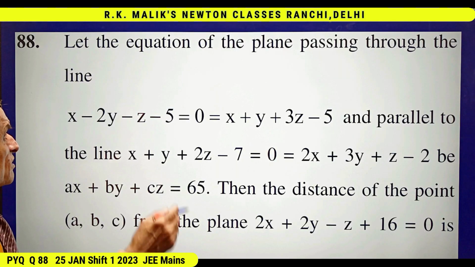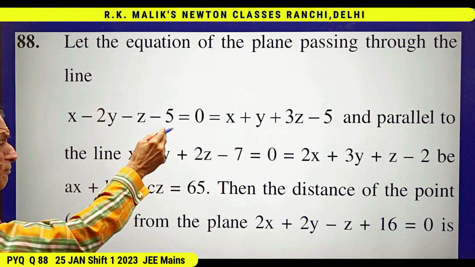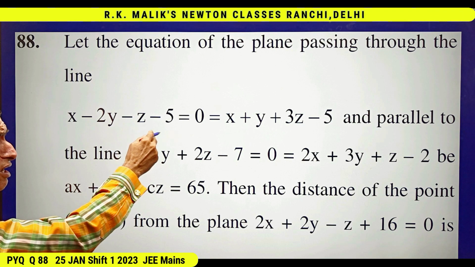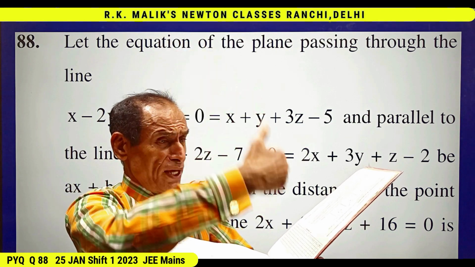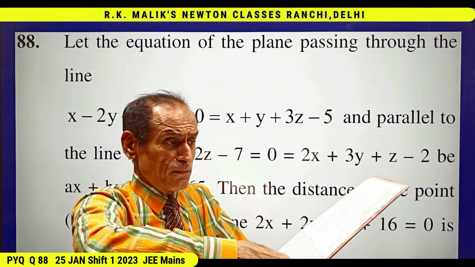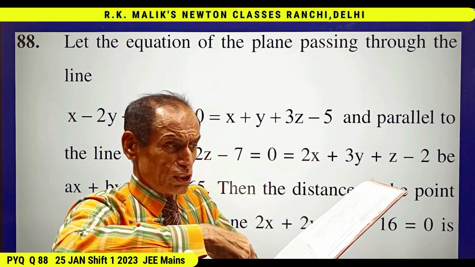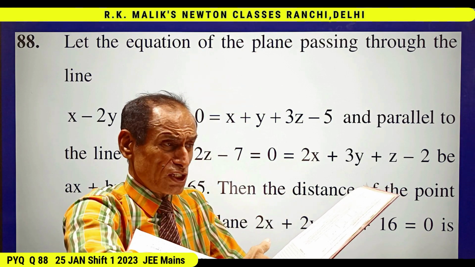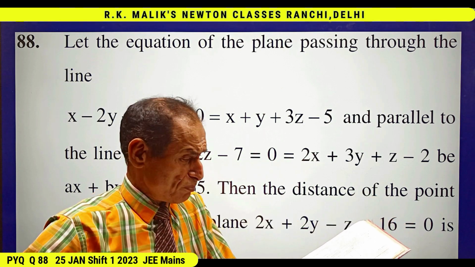Hence, the plane which contains this line can be taken as passing through the line of intersection of two planes. Therefore, the equation of this plane will be one plane plus lambda times the other plane.